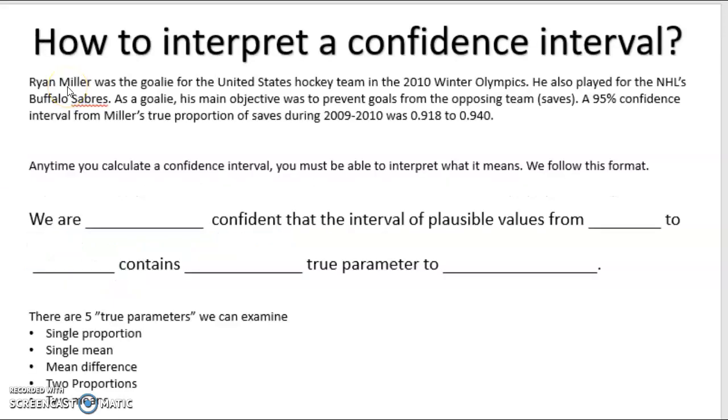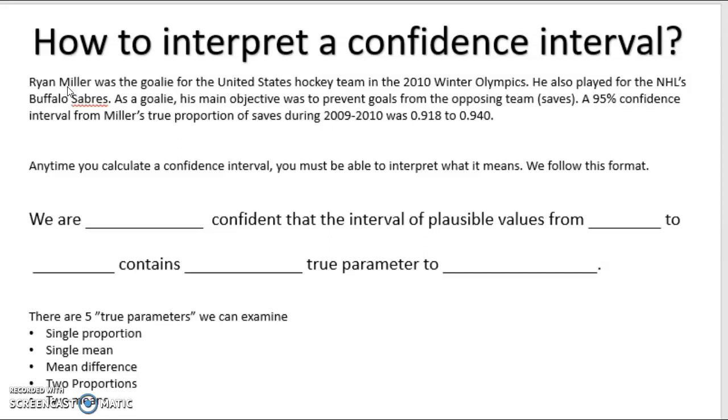So another type of question that I typically ask is, how do we interpret a confidence interval? Anytime you calculate a confidence interval, you have to be able to interpret it. So this sentence should be pretty locked down in your brains. Ryan Miller was the goalie for the United States hockey team in the 2010 Winter Olympics. He also played for the Buffalo Sabres.